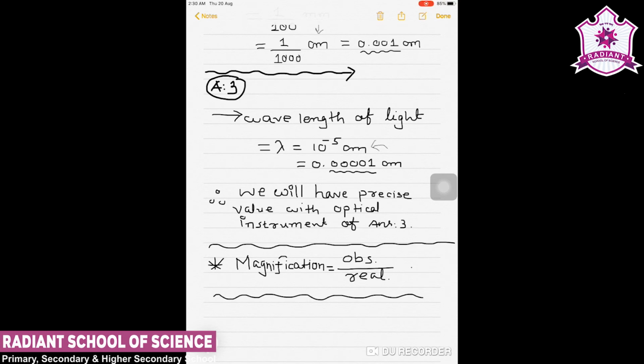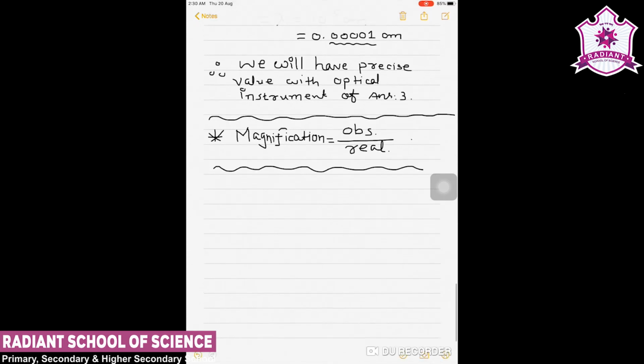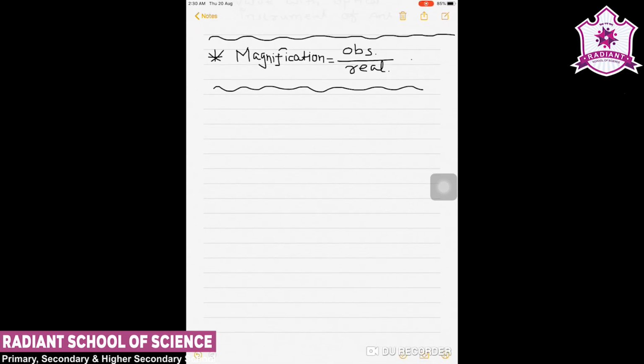In the question it is given that a student measures the thickness of a human hair by looking at it through a microscope of magnification 100. So we are given the magnification of the microscope, that is 100 times.